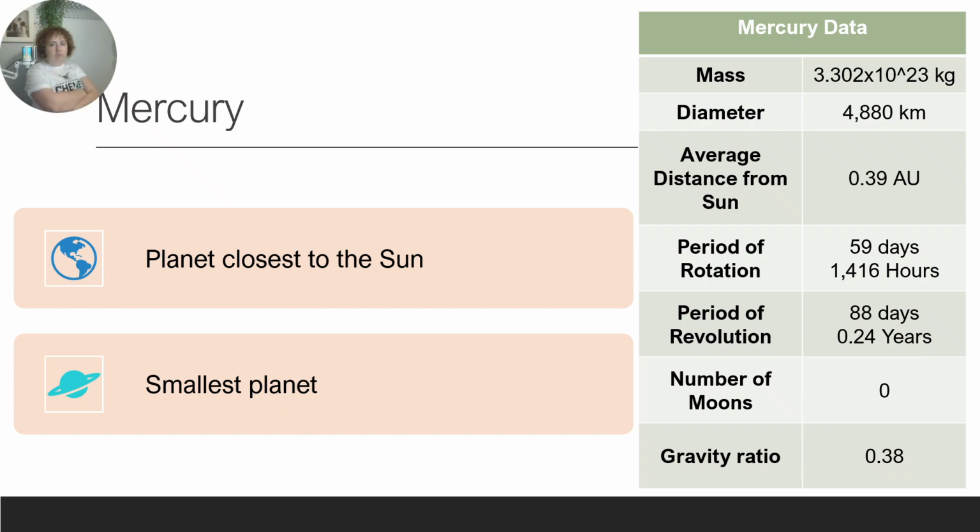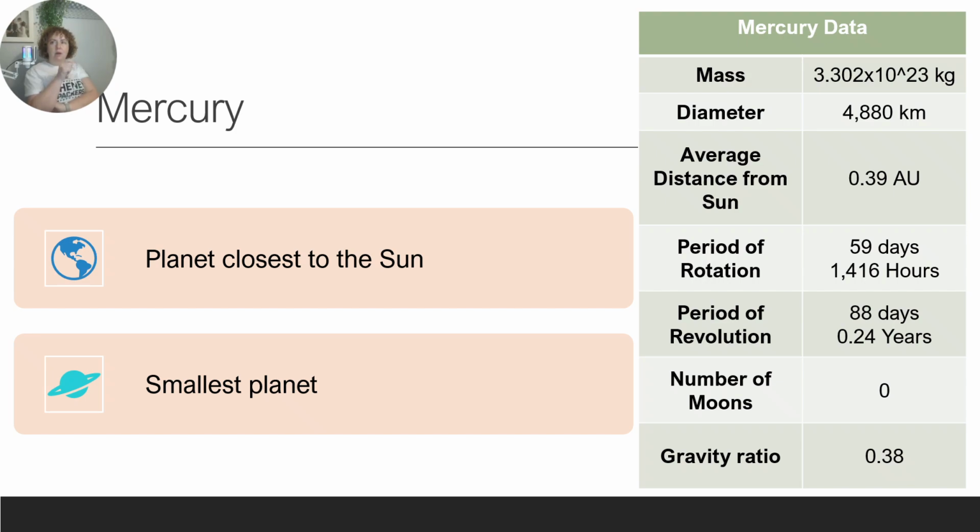Mercury's period of rotation, so its day, spinning on its own axis, is 59 Earth days, or roughly 1,416 hours. That's their day. It has one of the slower rotations, but it's really, really close to the sun.